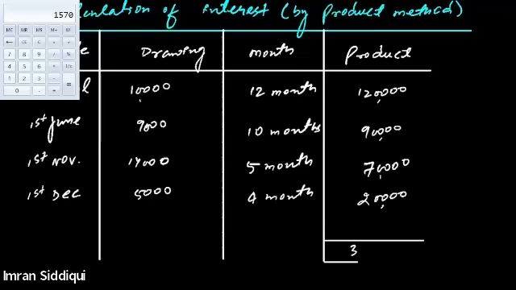So 1,20,000 plus 90,000 plus 70,000 plus 20,000. So total should be 3 lakh only. I'm sorry, need to correct it. 3 lakh.